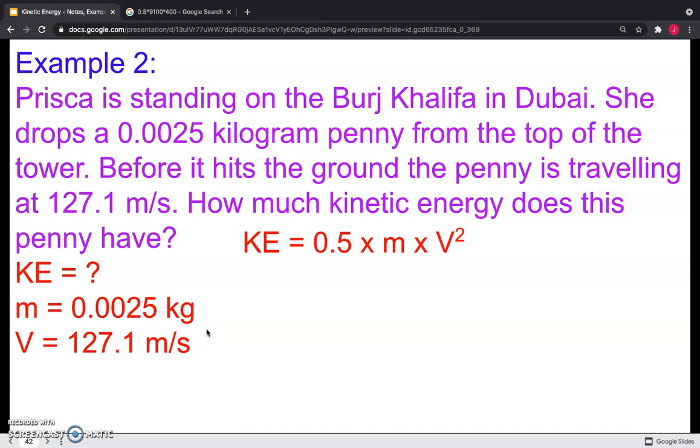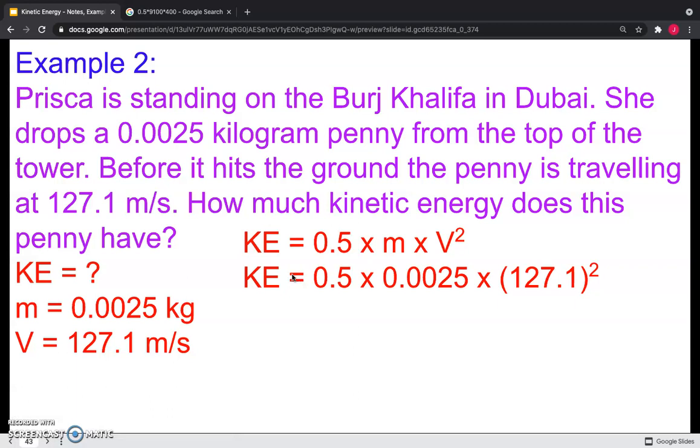Okay, so KE equals 0.5 times m times v squared. And so then we're going to plug in for the mass and the velocity. The mass is 0.0025. The velocity is 127.1 squared. Okay, so remember, our first step is going to be to square this value. So we're going to do 127.1 times 127.1.